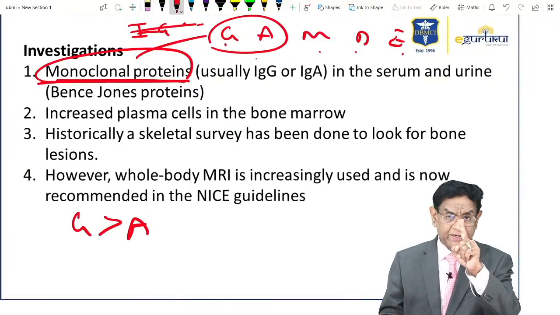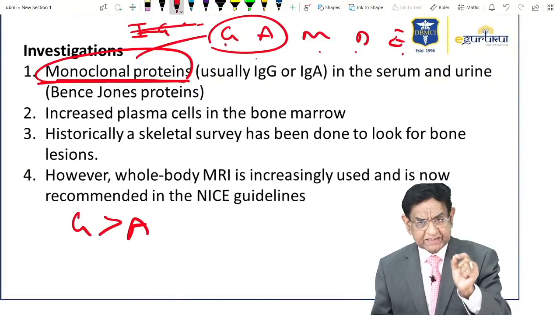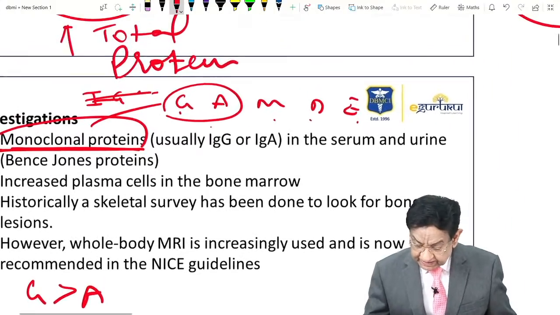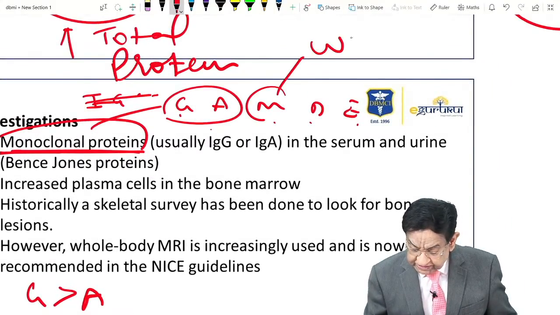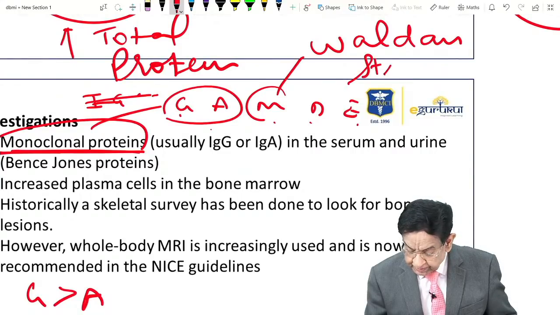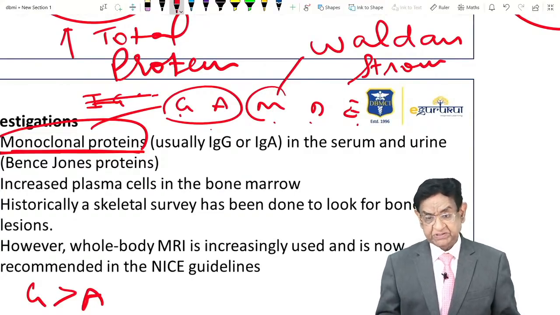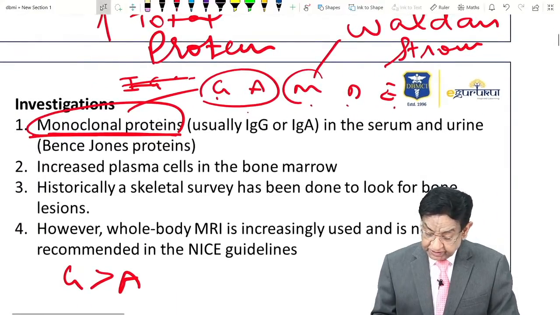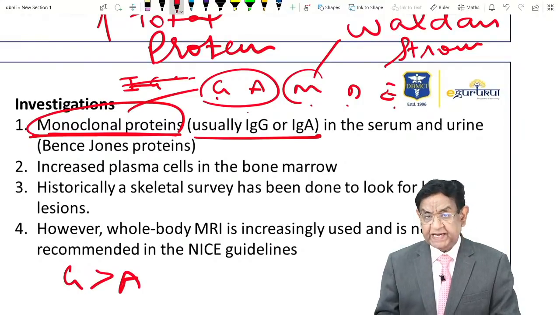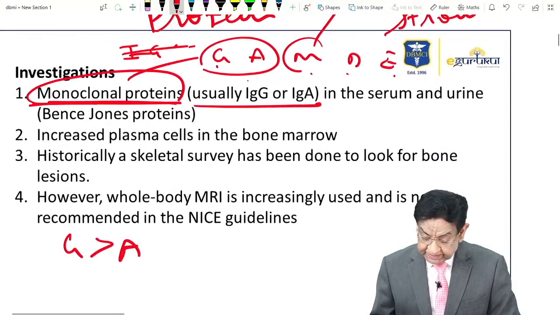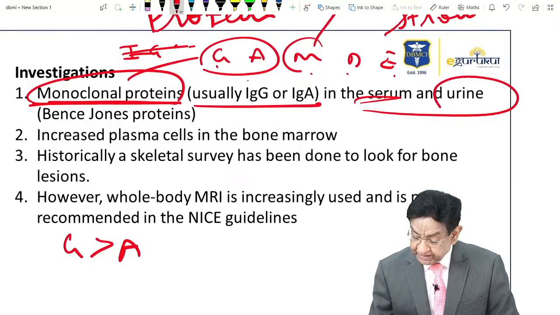No, only one. So in multiple myeloma, IgG or IgA occurs, and this increase occurs in Waldenstrom macroglobulinemia, where IgM will be raised. So we are clear about it. Usually IgG or IgA are raised in multiple myeloma, and you can see this in the serum as well as in the urine.